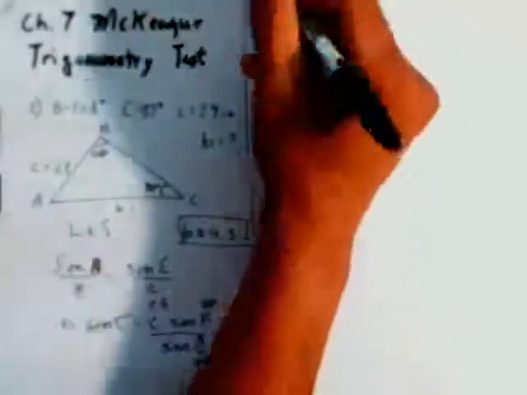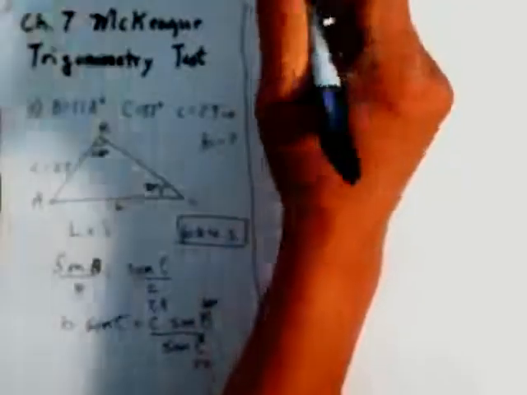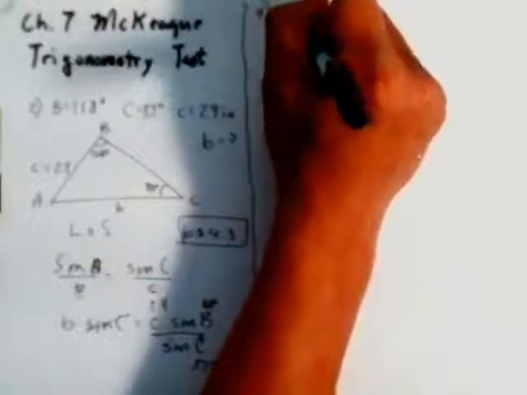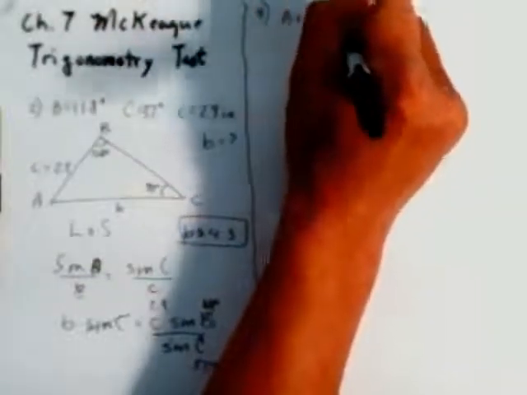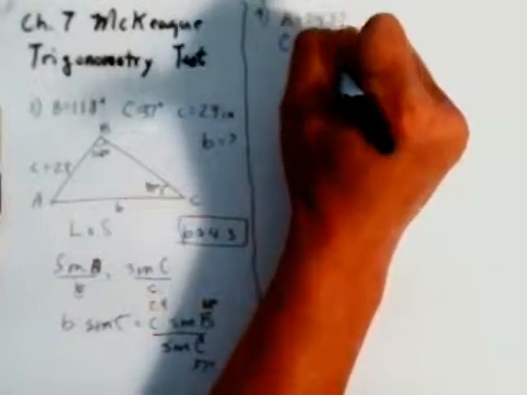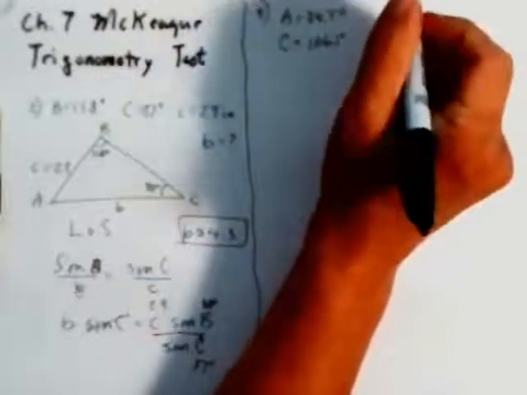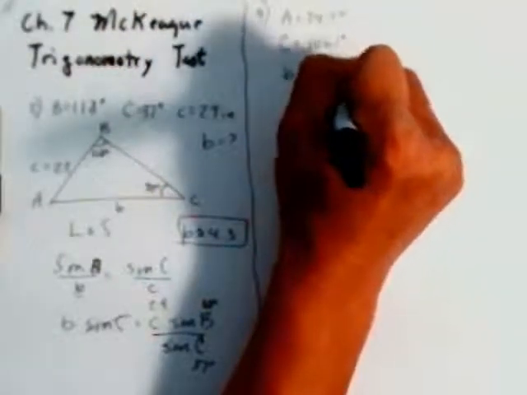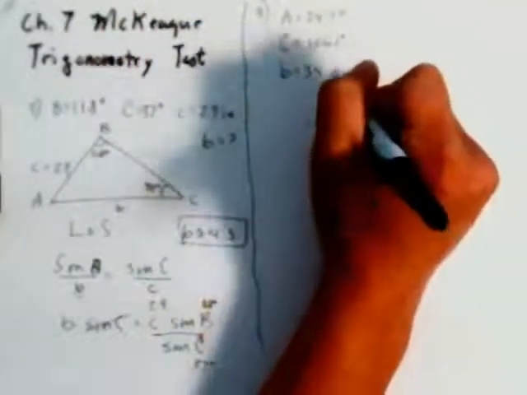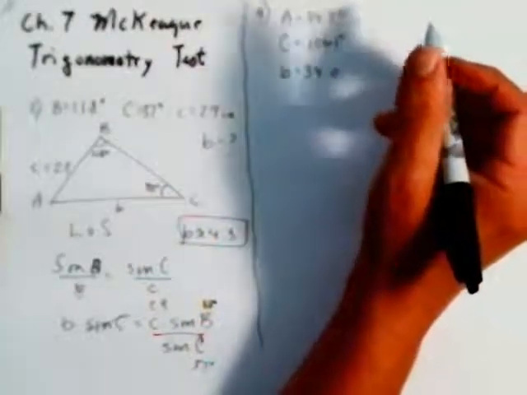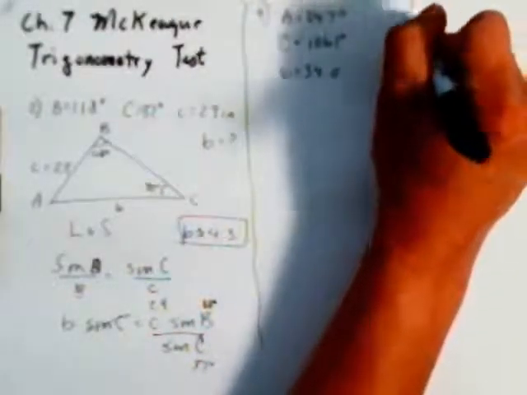Okay. Let's do number 4. Next problem. If A is equal to 24.7 degrees, and big C is equal to 106.1, and little b is equal to 34.0. It's got 3 significant figures. Find all missing parts. So we want to draw it out first, nice and big.